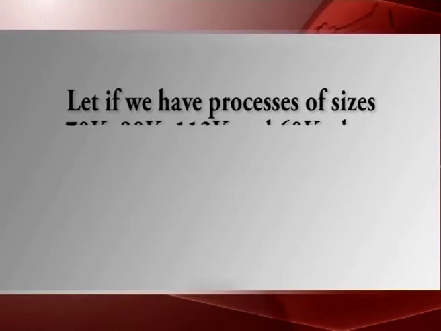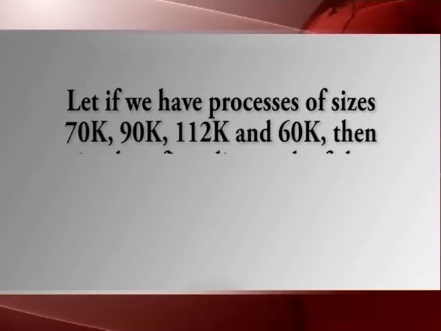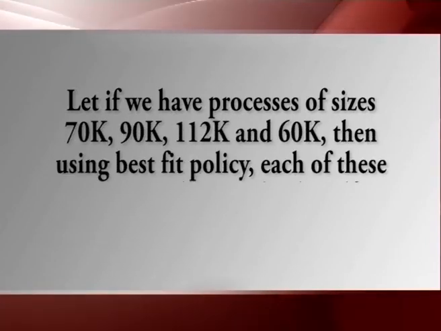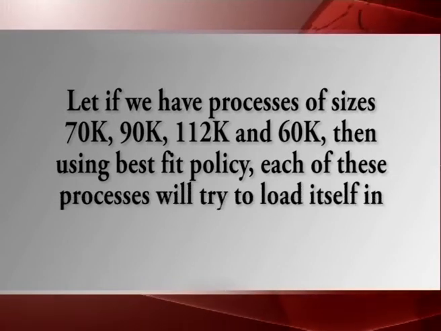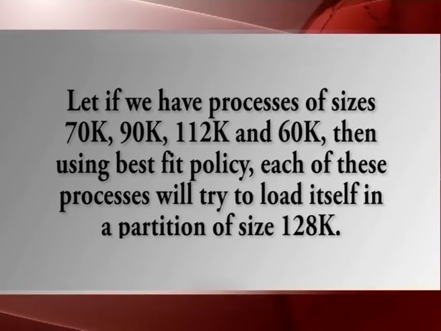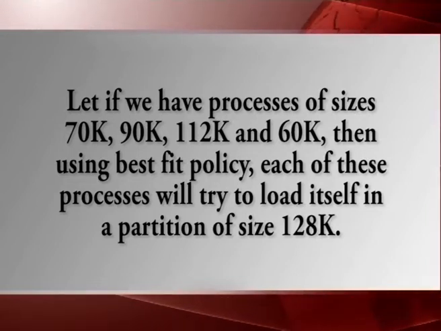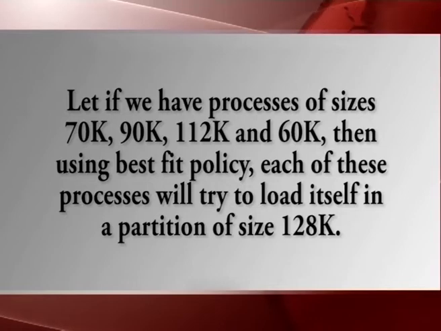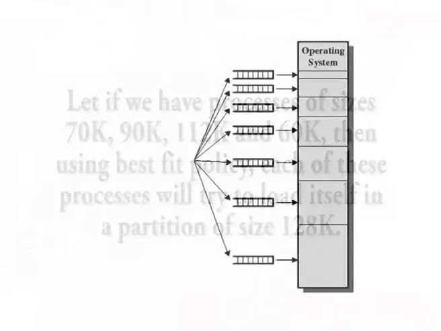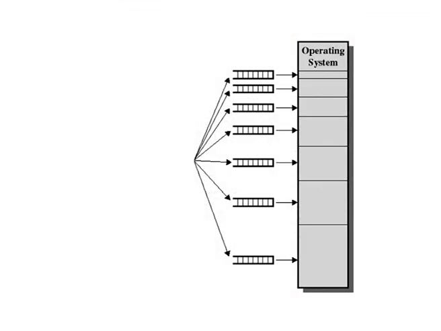Let us say we have processes of sizes 70K, 90K, 112K and 60K. Using best fit policy, each of these processes will try to load itself in a partition of size 128K. One of the processes will get this partition and others will make a queue to get the partition free.